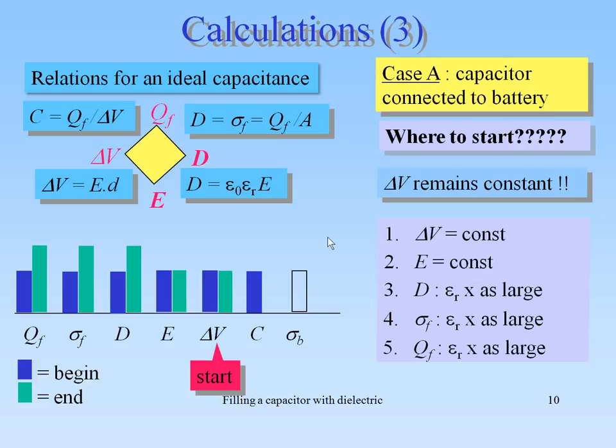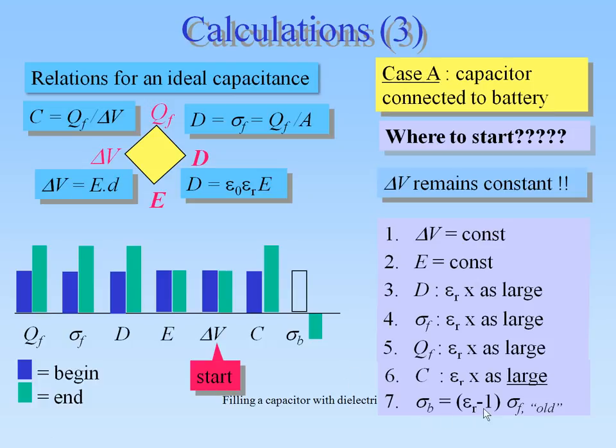And finally, the capacitance: when Q is enlarged but V is the same, then the C will be enlarged, also epsilon r times as large. And now the bound charges, that's epsilon r minus 1 times sigma free. That's the extra charge that has flown from the battery to the plates.